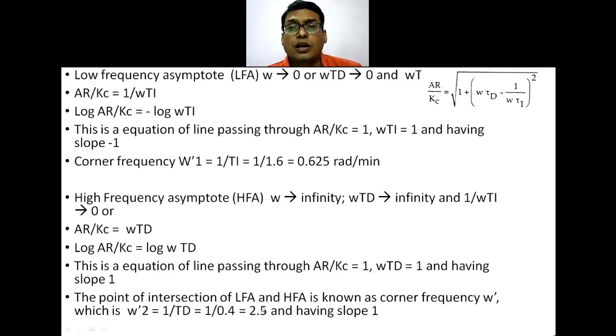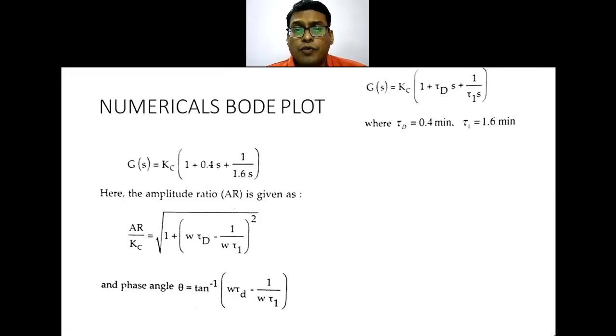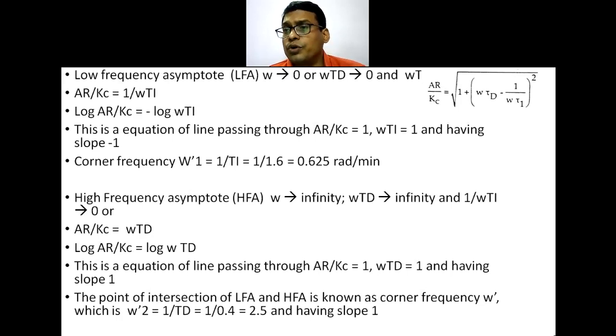Now we have to plot the Bode plot. So first, omega tends to 0, and that means omega tau d, our formula of amplitude ratio upon Kc is equal to the root of 1 plus omega tau d minus 1 upon omega tau I whole square.